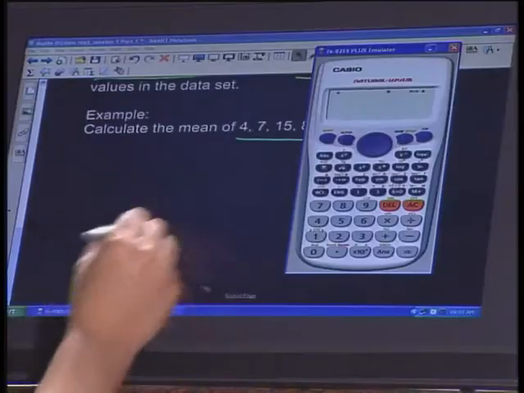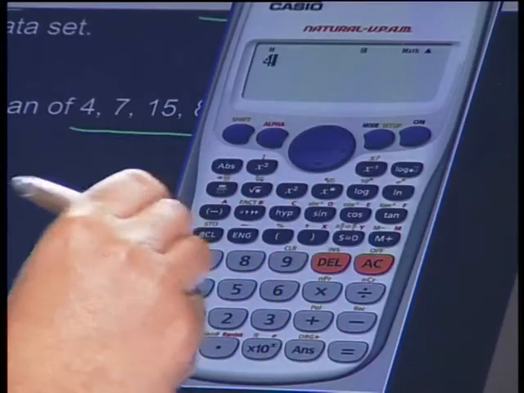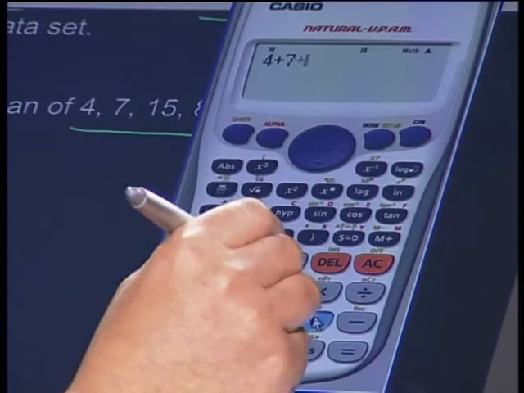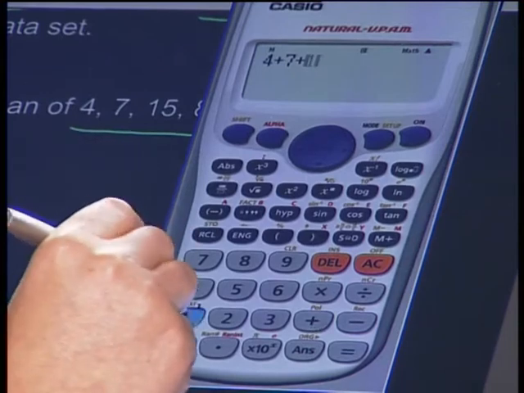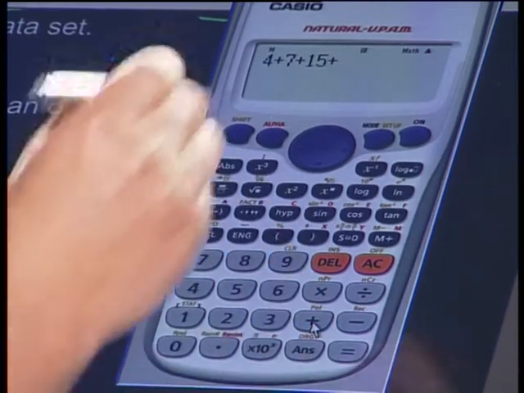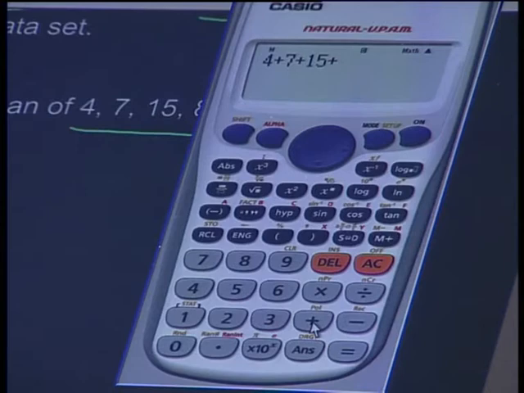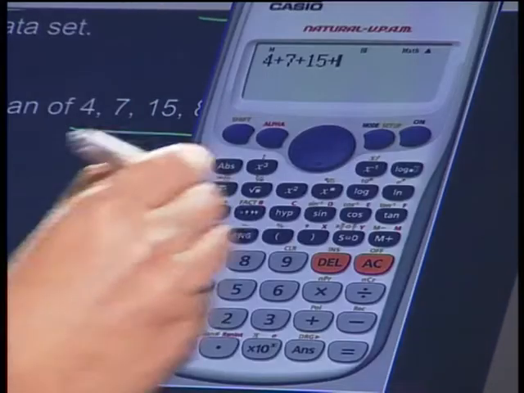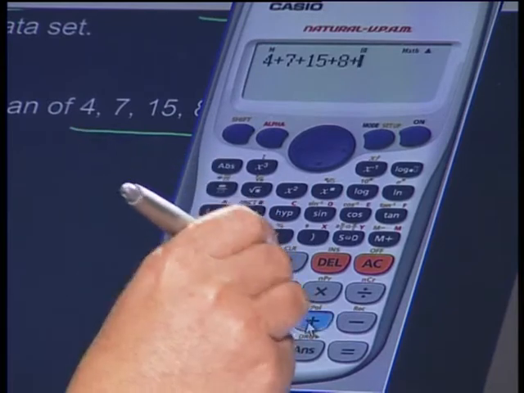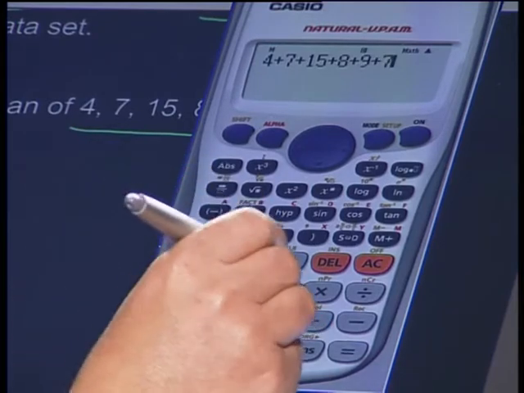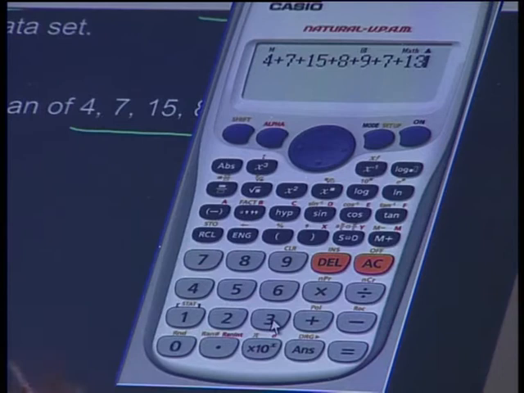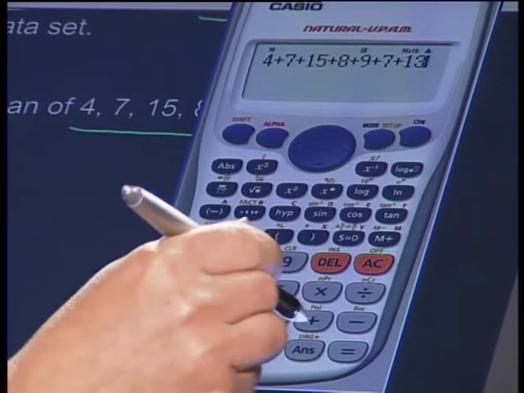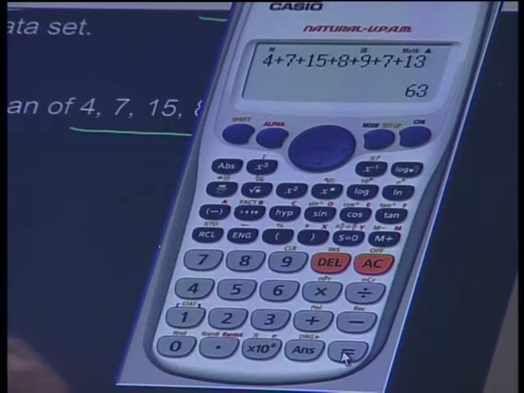It's 4 plus 7 plus 15 plus 8, plus 9, plus 7, plus 13. Now I've got all of them added up, and I'm going to get an answer, 63.